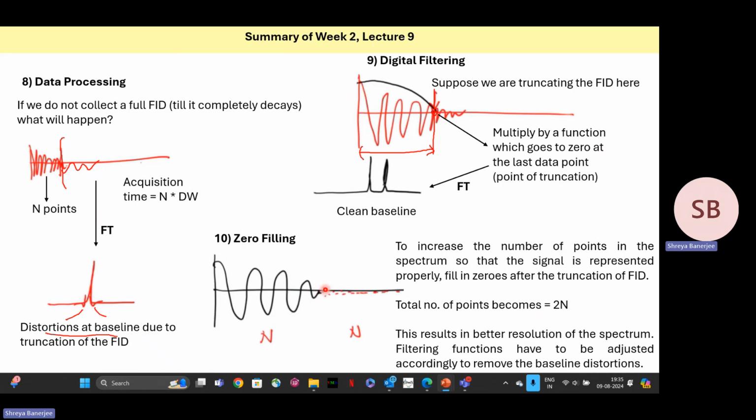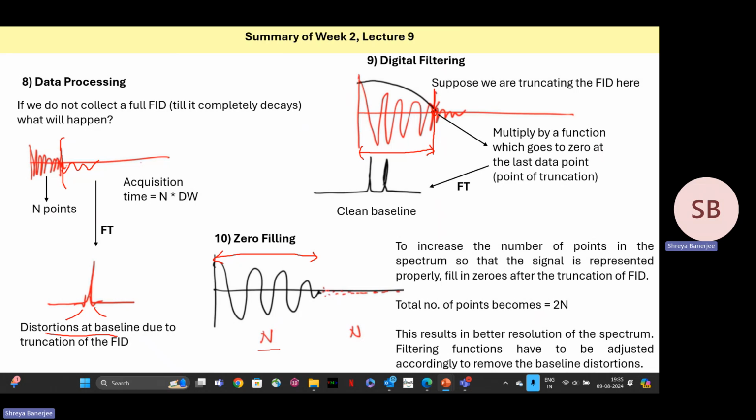Then there is something called zero filling. Suppose we are truncating the FID here, but we want a cleaner signal. Suppose we have collected n points in the FID. Up to this we have collected the data, but suppose our signal to noise is still not good enough.